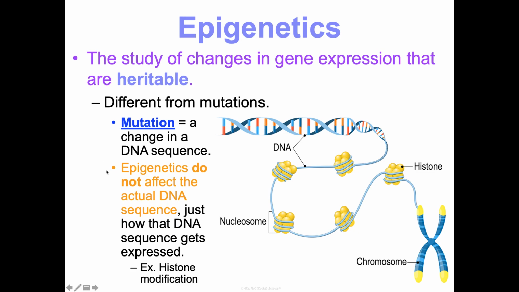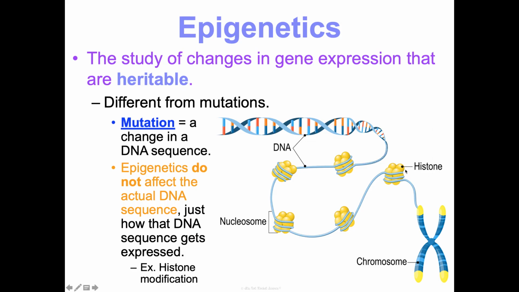So one example of epigenetics, and we'll learn about more in a web quest we're going to do together, is histone modification. So remember, your DNA is super long and it can't fit into your cells unless we bunch it up really tightly and condense it. And so histones are proteins that the DNA coils around and it makes these nucleosomes, and that's what bunches up your DNA into chromosomes.